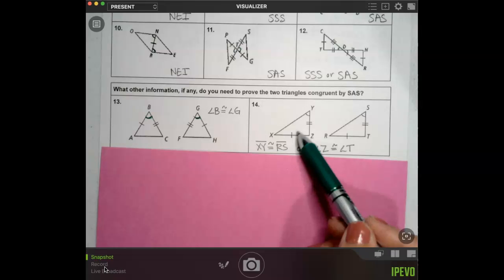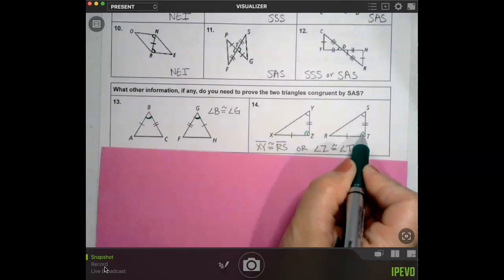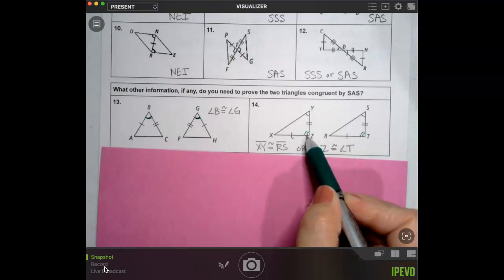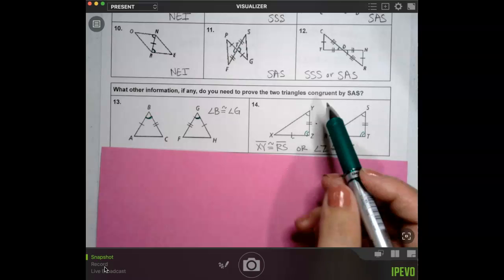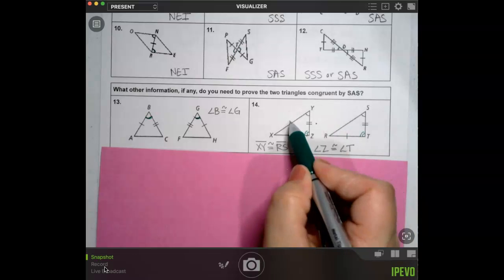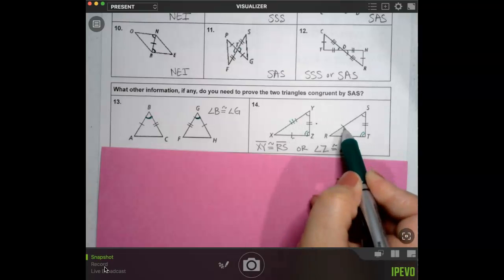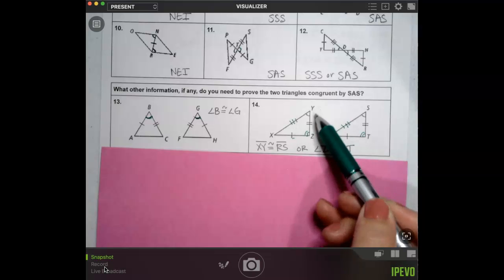If I use the marked segments, I could mark angle Z congruent to T, and that would give me side, angle, side. Or I could keep the angle at Y, but I would need a different side marked. I would need XY congruent to RS, then I would have side, angle, side.